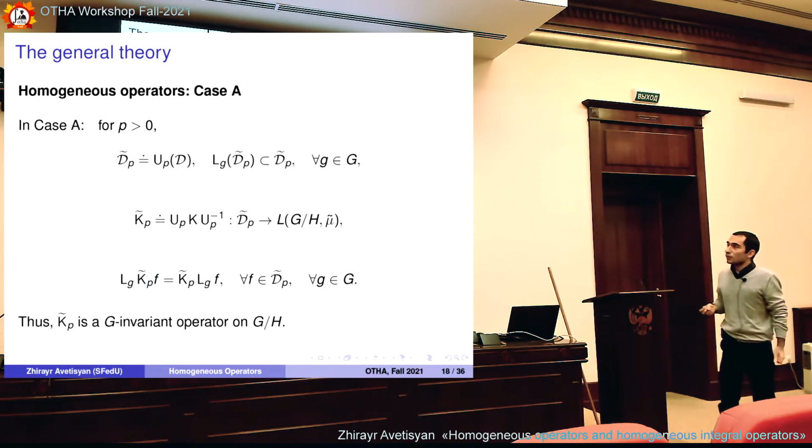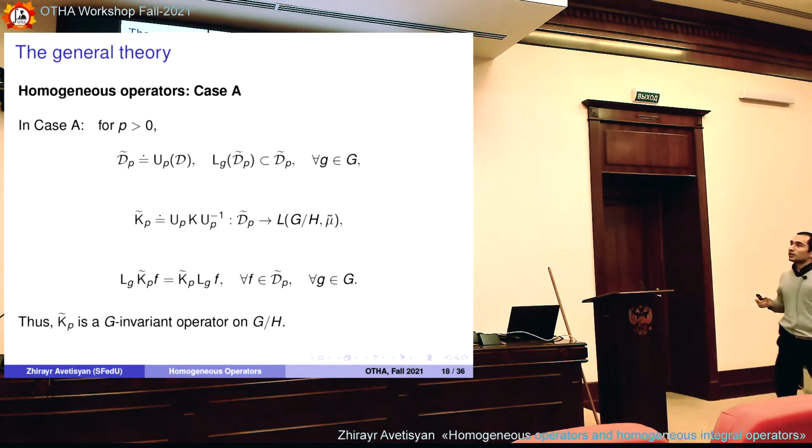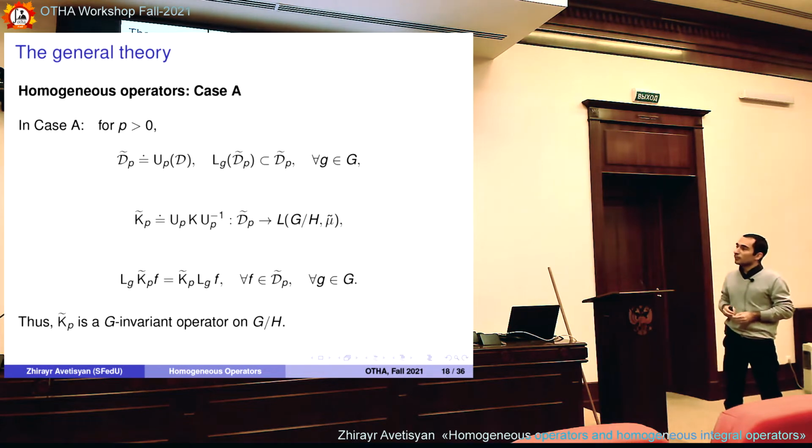So in case A, what you can do is use your unitary operators U_P. You first transform the domain, and you show that if the original domain was invariant, then so is the transformed domain. Then you form the unitarily transformed operator K tilde P, which acts now in the new domain.